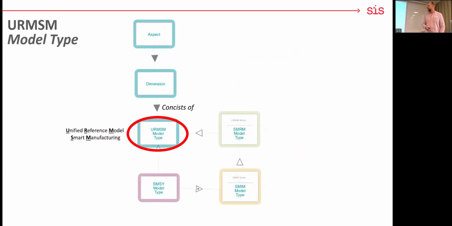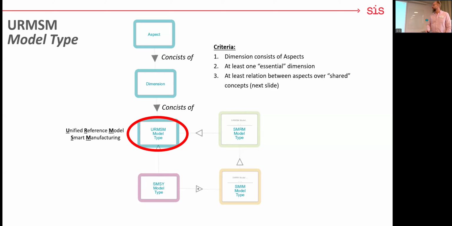Now, the blue one then, Unified Reference Model for Smart Manufacturing, consists of two things. One is the dimension, which in turn consists of aspects. Okay, so that's the main part of that model type, which things that you need to define to be conformant with the standard. And once you have that, then you could go over to the other type.